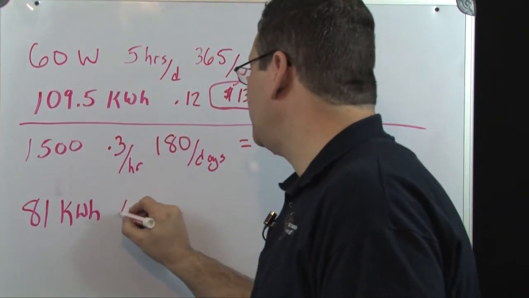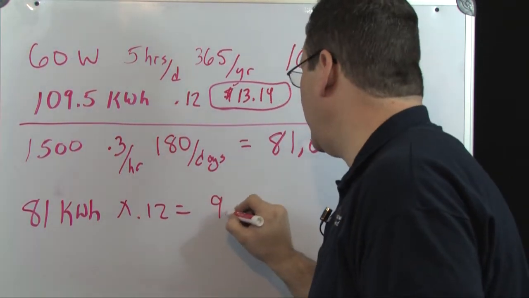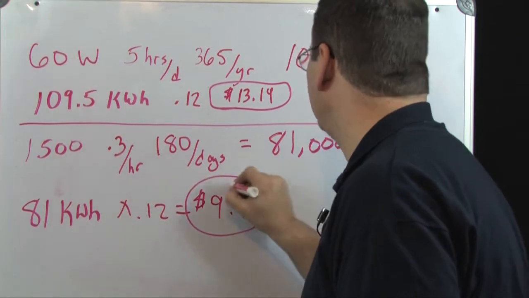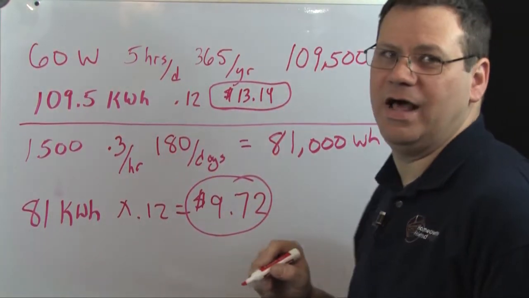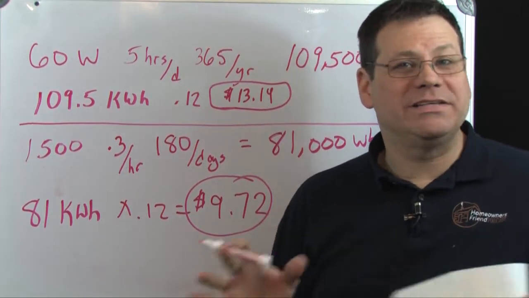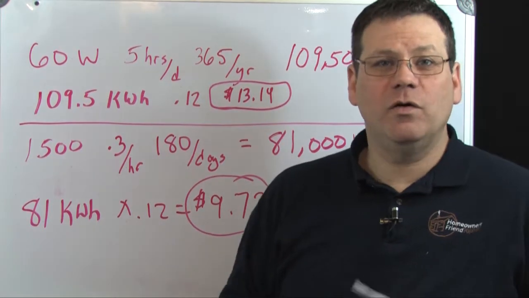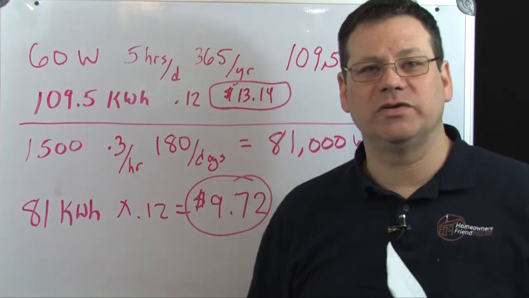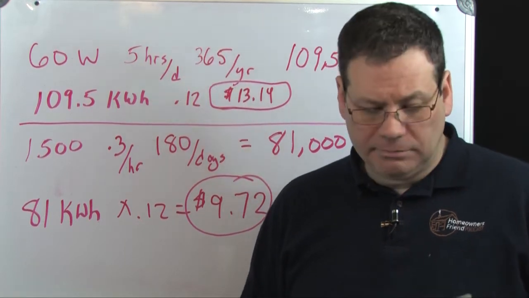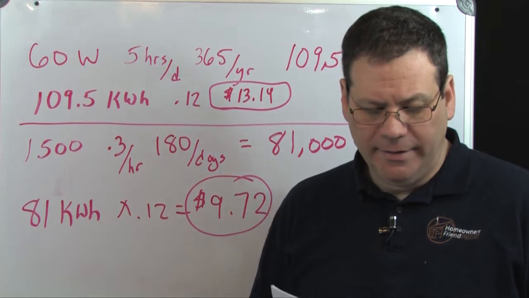We multiply that by 0.12, and we come out with $9.72, which is clearly less than $13. So you can't really say that the heater is going to use more electricity than the light bulb. It's true, when it's operating, the heater uses more electricity, but if you don't use it that much, it doesn't really matter. It depends on how much you're going to be using these things.